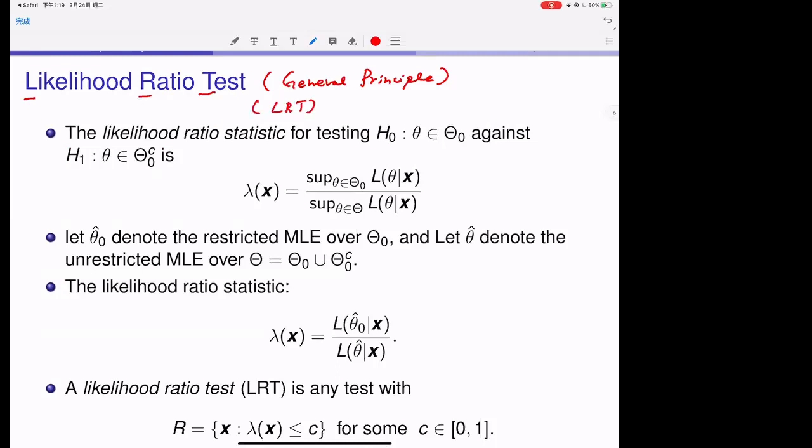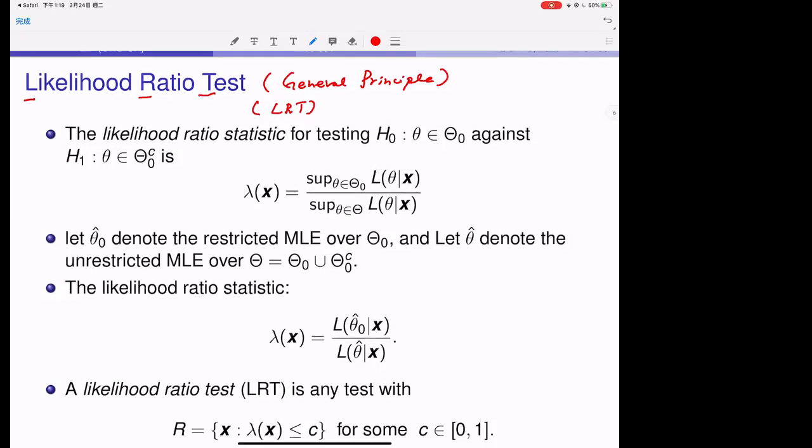Then how do we use that? What's the definition of a likelihood ratio test statistic? So easy. Write this lambda x right here. There's a numerator, there's a denominator. Both are using what? Likelihood function, and then ratio. You're doing a ratio.